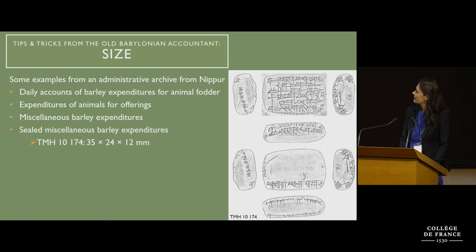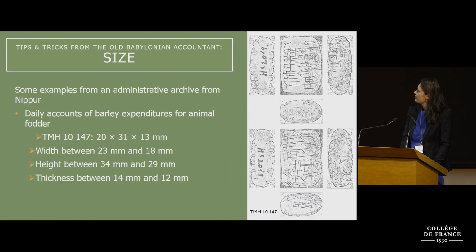And another feature of the daily accounts of animal fodder is the fact that their right side is more rounded than their left side.